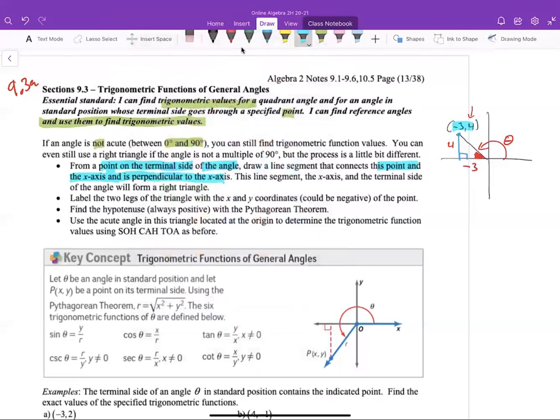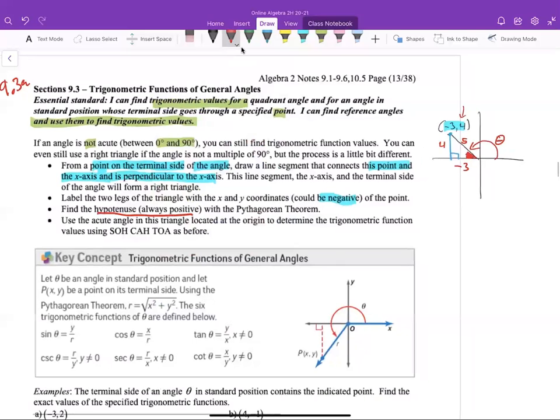It can be negative. All right. We have to find our hypotenuse of that triangle. So 4 squared plus -3 squared, and then take the square root. That would give me a +5. That hypotenuse will always be positive, even if I have a negative leg because I square it. Again, the hypotenuse is always positive.